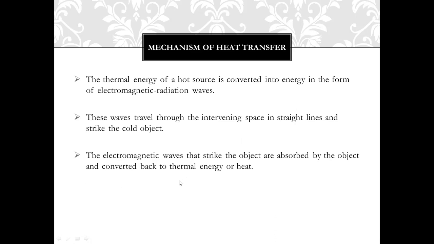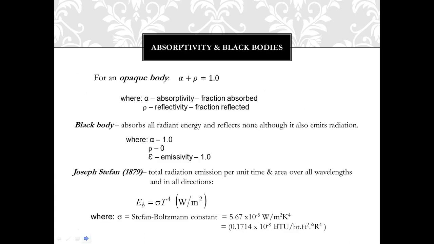The electromagnetic waves that strike the object are absorbed by the object and converted back to thermal energy or heat, or are even emitted back in the form of thermal energy. So take note of how these electromagnetic radiation waves travel in space: in straight lines.